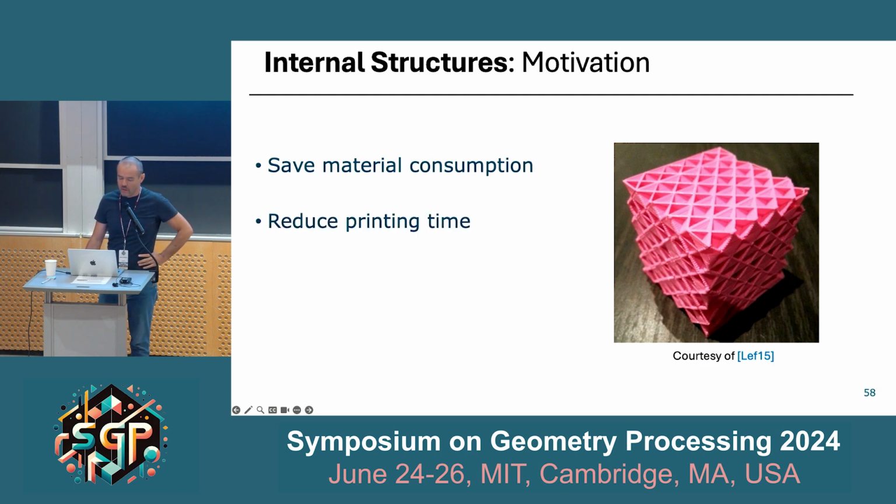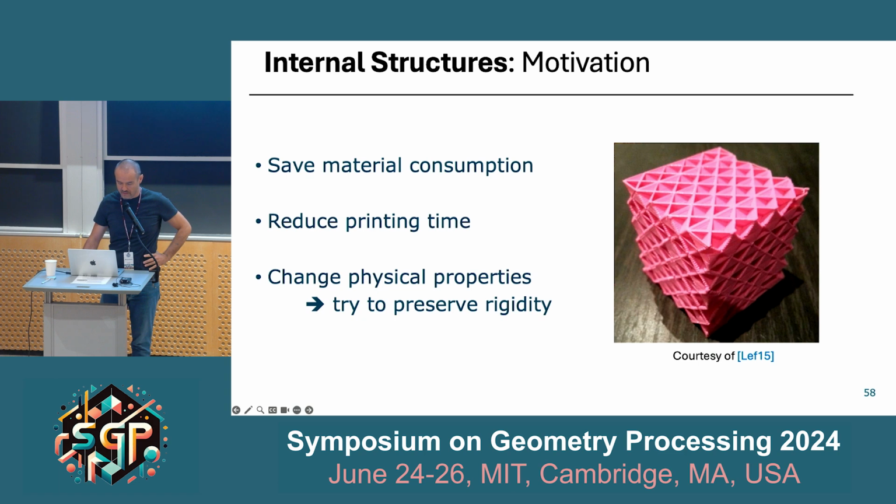So what we want in the end of the day is a halfway trade-off, to partially fill the internal parts of the object with just enough material to make it structurally robust enough.